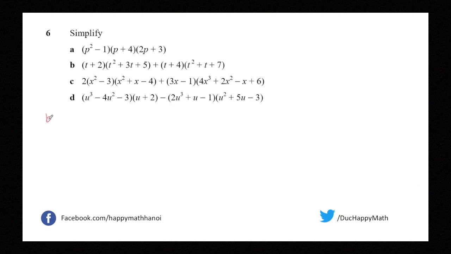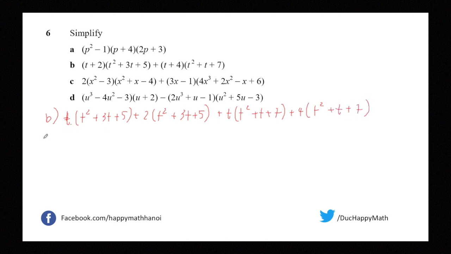Question B. Take the first one. I take the t times with the second bracket first. And take the 2 times with the second bracket. And the second one is t times with the second bracket. And 4 times with the second bracket.